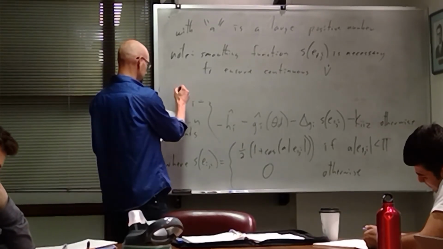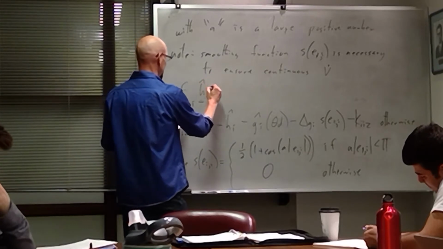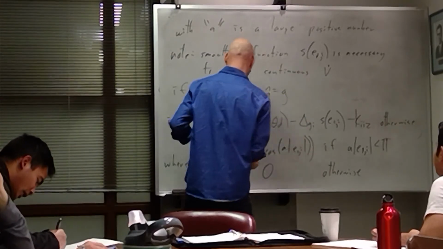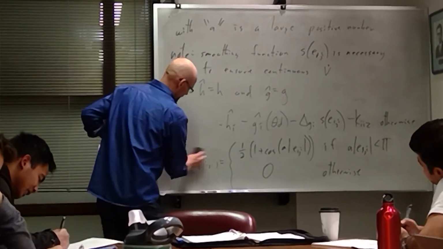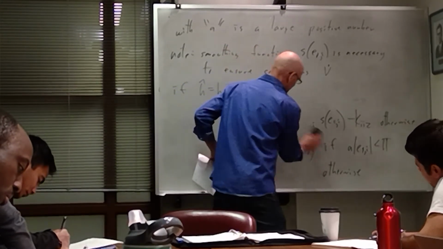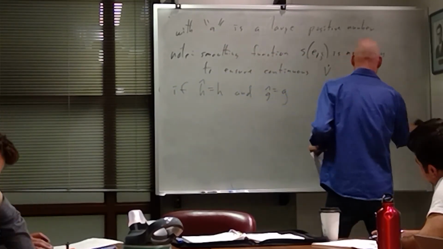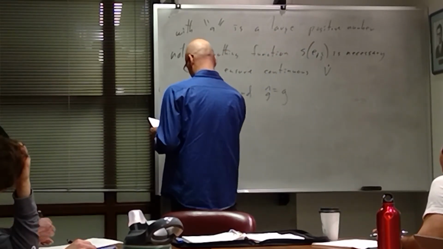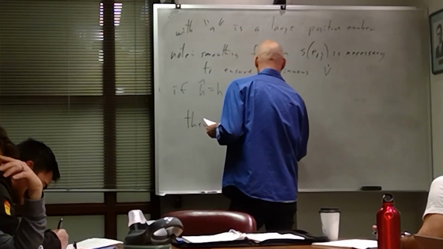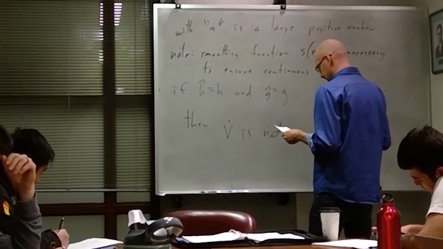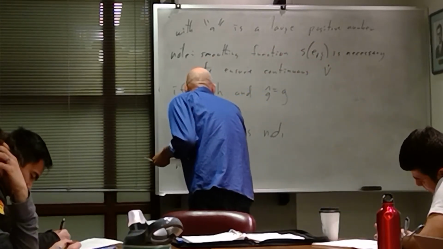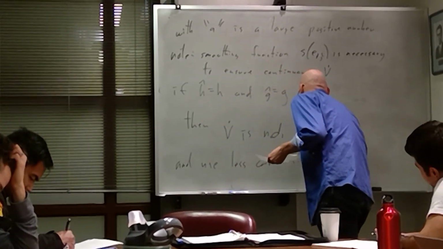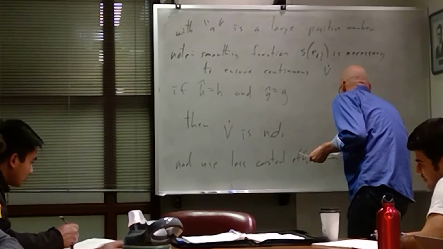So if H hat equals H and G hat equals G, then V dot is negative semi-definite, or sorry, negative definite, and you use less control effort than before.